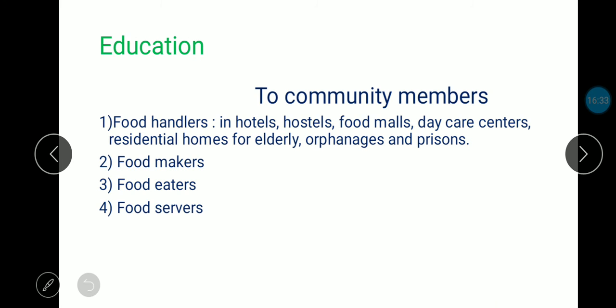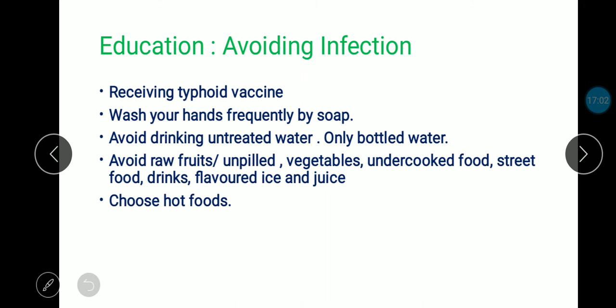Food servers, the serving members in all the above mentioned places: hotel, hostel, food malls, residential homes, etc. Means each and every member of our community, each and every member of our population should be educated about all conditions which are essential for prevention of typhoid.